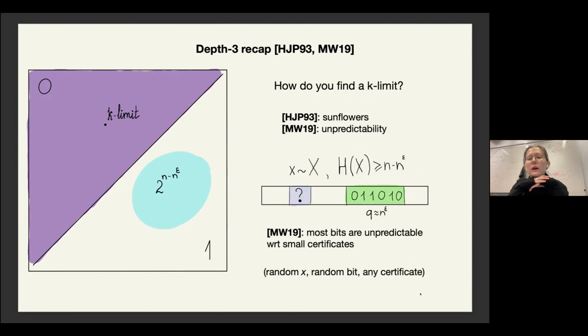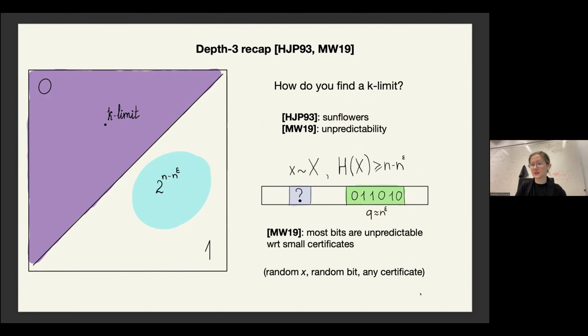Hastad, Jukna and Pudlak do this with sunflowers, which is this combinatorial structure about which I will talk in the second part of the talk, I guess, because we'll need this too. And Meir and Wigderson did this with unpredictability.